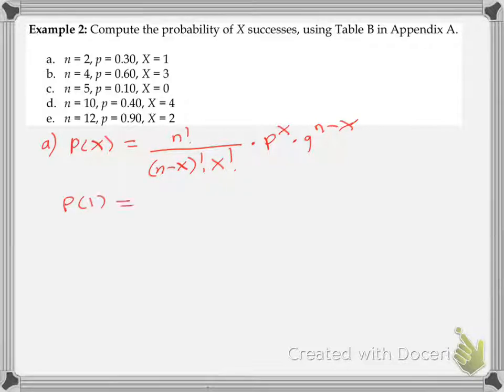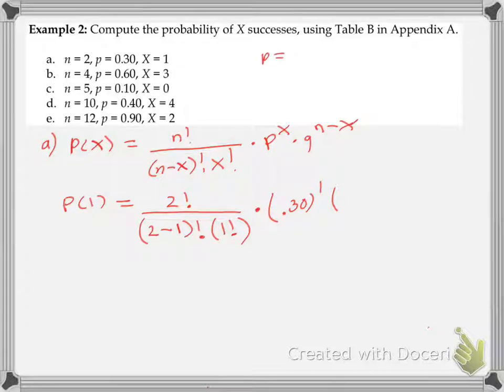So we're going to have P of 1 equals 2 factorial, all over n minus x, which is 2 minus 1 factorial, times 1 factorial, because that's the x factorial, times p is 0.30, to the first power since x is 1, times q.